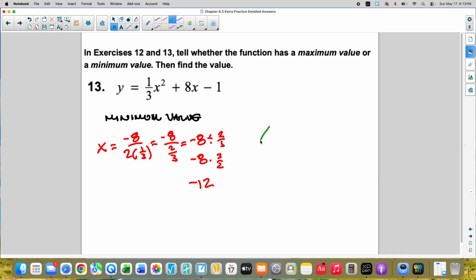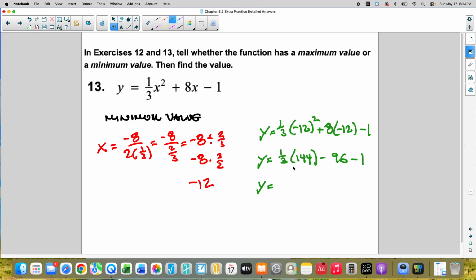So we plug it in. Y equals 1/3 times negative 12 squared plus 8 times negative 12 minus 1. 1/3 times 144. Yuck. Minus 96, minus 1. 3 goes into that 48 times. 48 minus 96 minus 1.